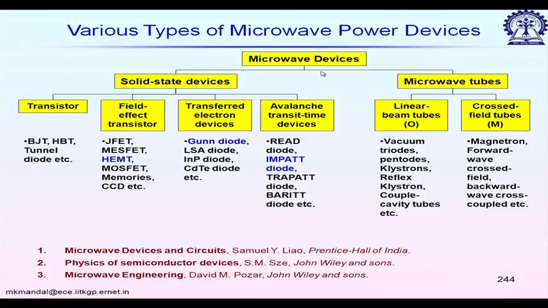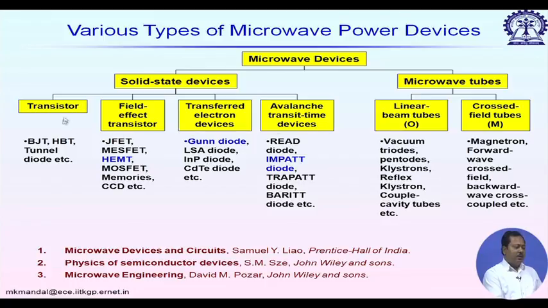In general, microwave devices can be divided into two parts: solid state devices and microwave tube based devices. Again, solid state devices can be categorized according to their working principle into four major categories: transistor, field effect transistor, transferred electron devices, and avalanche transit time devices.